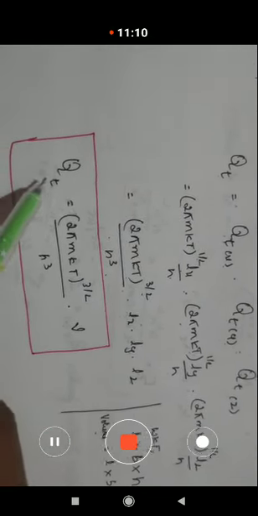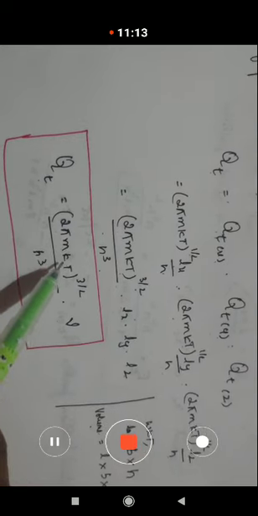Taking the common factor 2 pi mkt, half plus half plus half becomes 3 by 2, divided by h cube, into Lx Ly Lz. Lx Ly Lz is length into breadth into height, which is nothing but the volume. Therefore, finally the total translational partition function is equal to 2 pi mkt whole to the power of 3 by 2 divided by h cube, into V, where V is the volume.